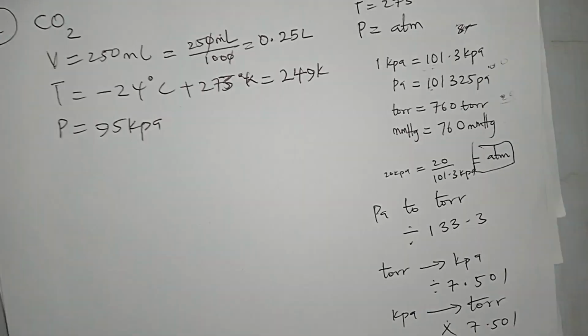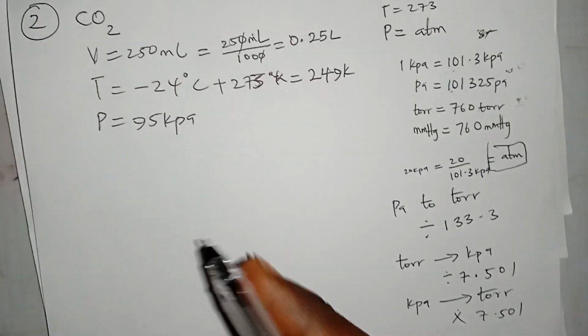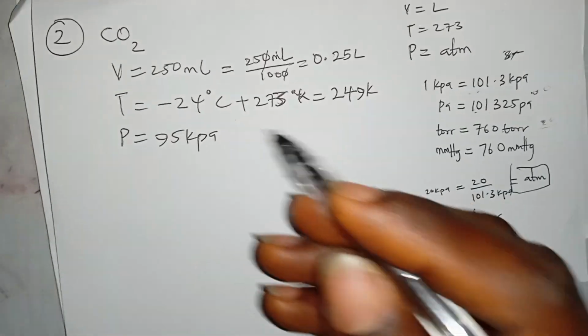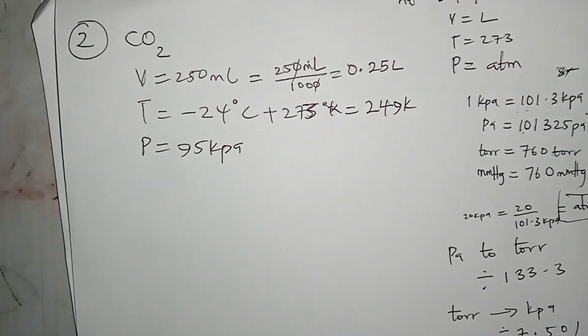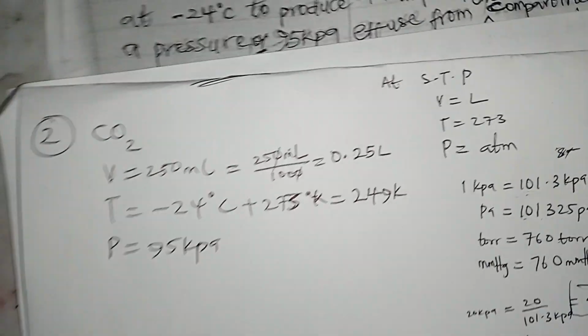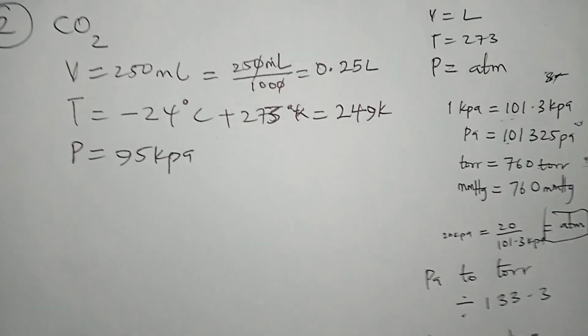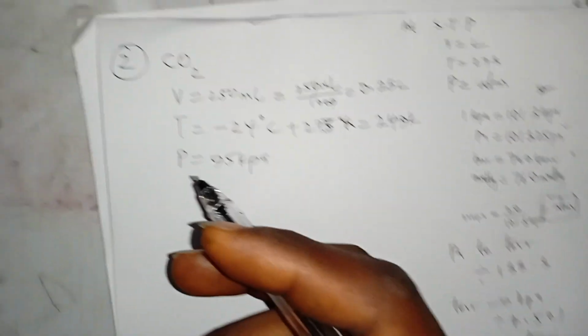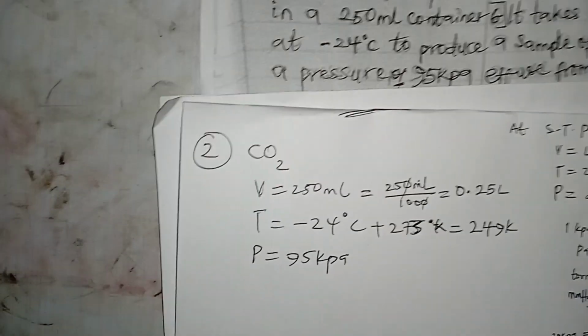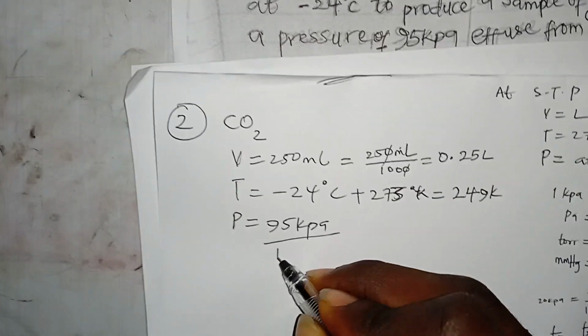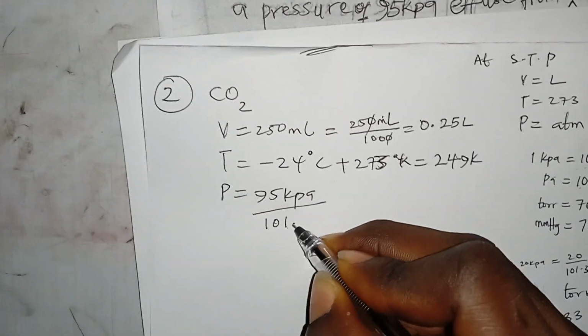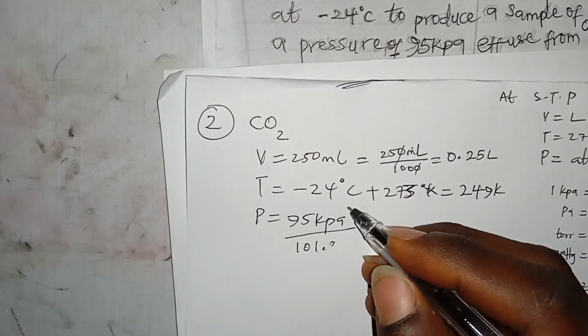So with that said, let's go back to solving our question. For us to solve this particular question, we simply need to get to the part where we'll divide this by 101.3. Okay, wait, was it given in torr?